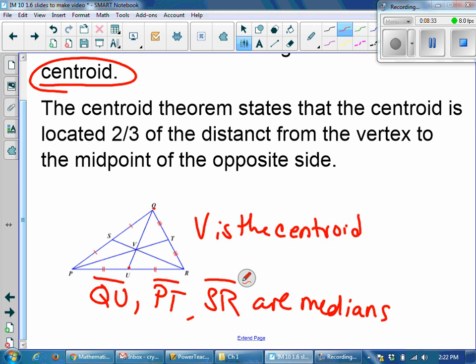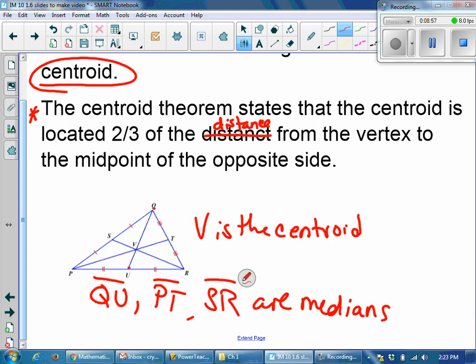The centroid here has a property that's important that you're going to want to add to your vocab as well. The centroid theorem states that the centroid is located 2/3 of the distance from the vertex to the midpoint of the opposite side.